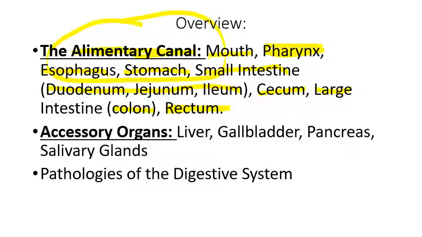Now, there are various what are known as accessory organs that dump things into the alimentary canal. They're feeding things into the alimentary canal, and those include the liver. The liver doesn't actually put anything into the alimentary canal, but it is used as a filter to detoxify the food that is absorbed in the intestine.